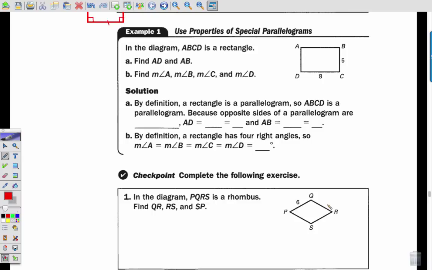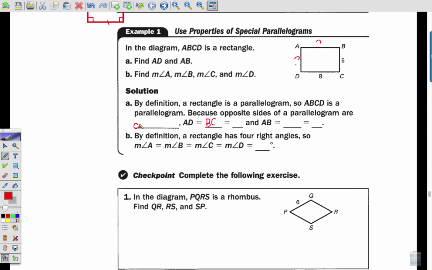So let's look at an example here. ABCD is a rectangle, and we're asked to find AD and AB. And then we have to find all the angles. Now, by definition, for a rectangle, my opposite sides have to be congruent. Therefore, AD has to be congruent to BC.